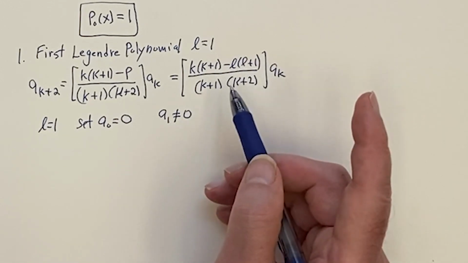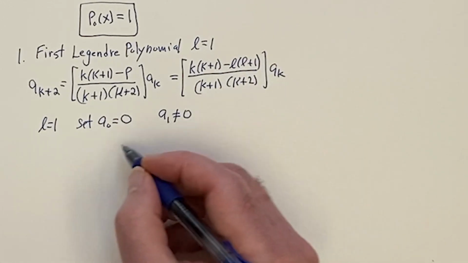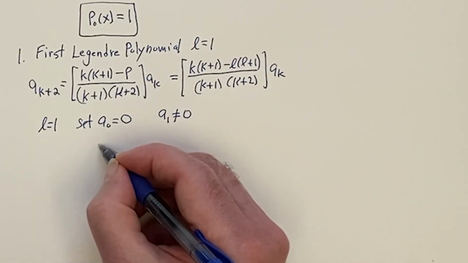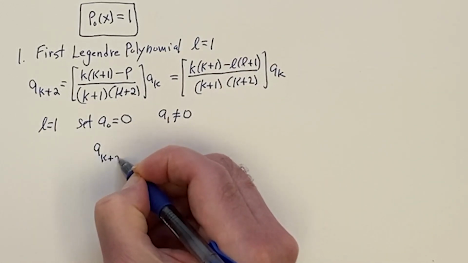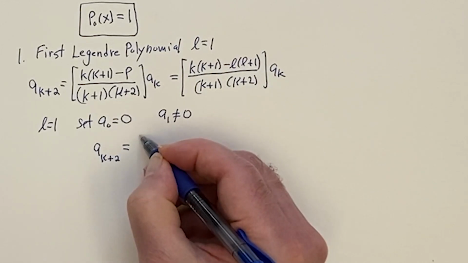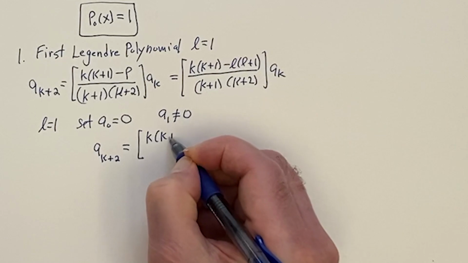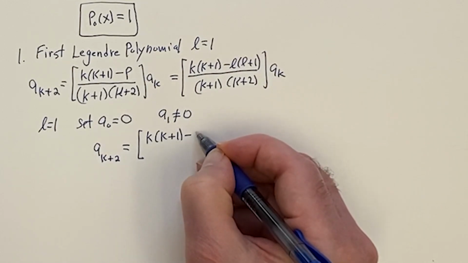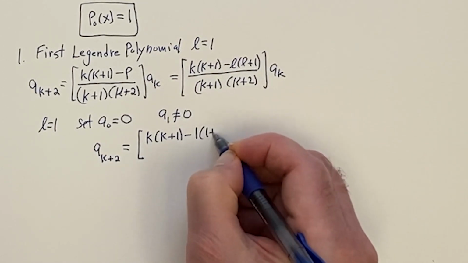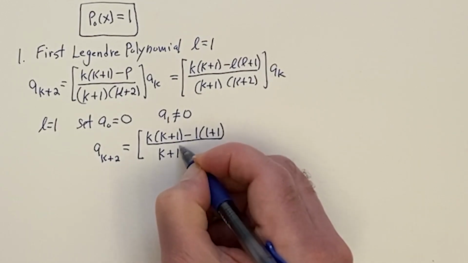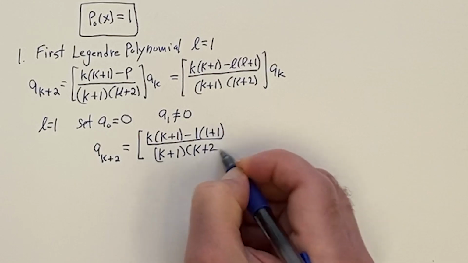So if we do that, then what we'll get is the equation A K plus 2 is equal to K plus 1 minus 1 plus 1 divided by K plus 1, K plus 2.